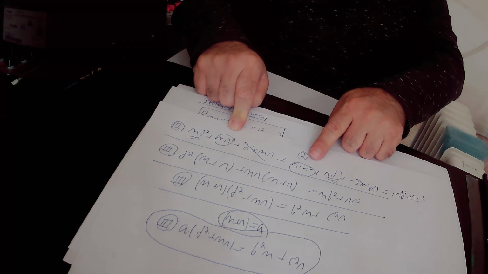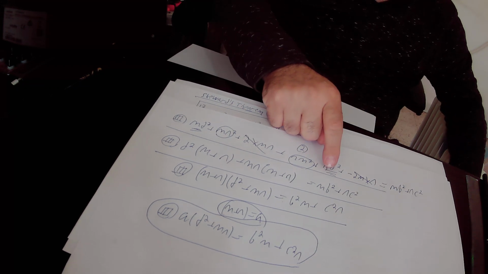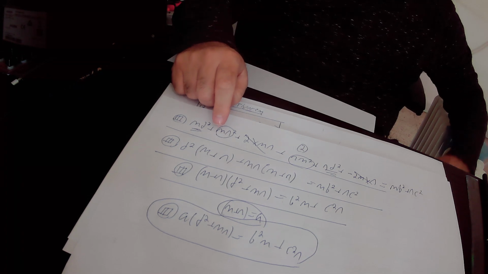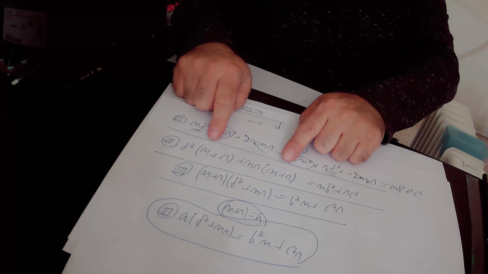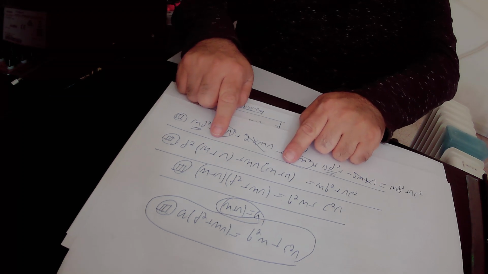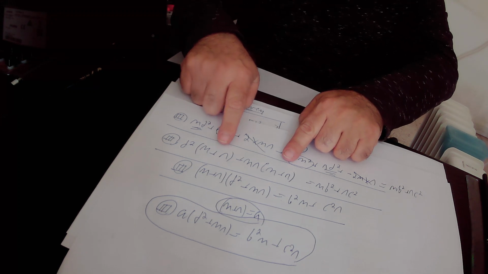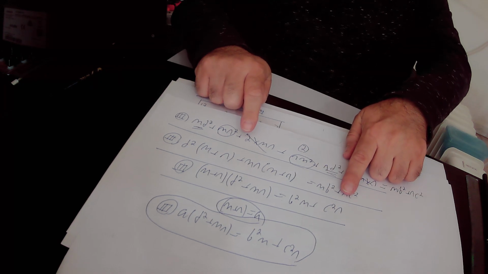So inside the brackets, we are left with m plus n, and it must be equal to mb squared plus nc squared. Then we took out m plus n as a common factor out of those two expressions. So inside the brackets, we are left with d squared plus mn. And it is equal to b squared times m plus c squared times n.